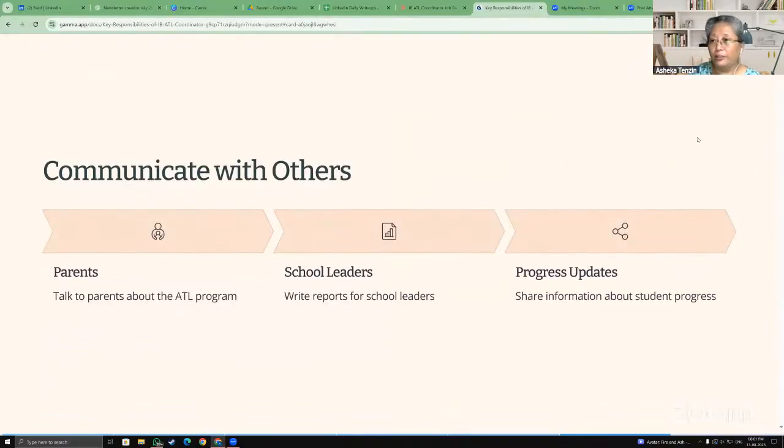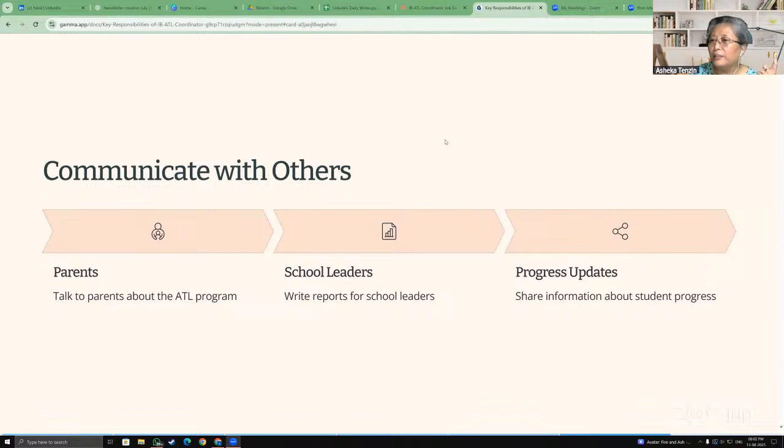In addition to the above, you also need to communicate with others. What do you need to communicate? You have to talk to parents about the ATL program. Why? Because how is IB different from other boards?